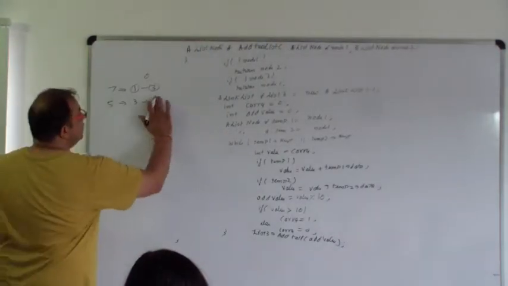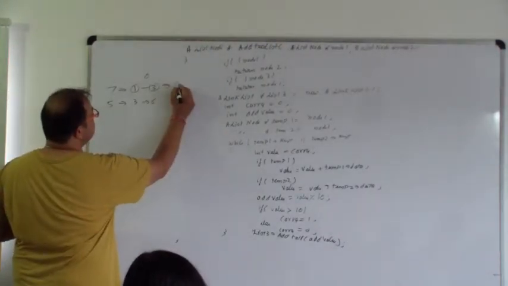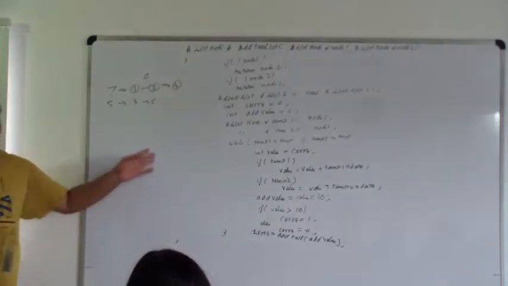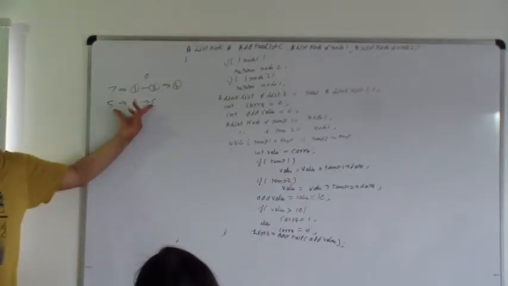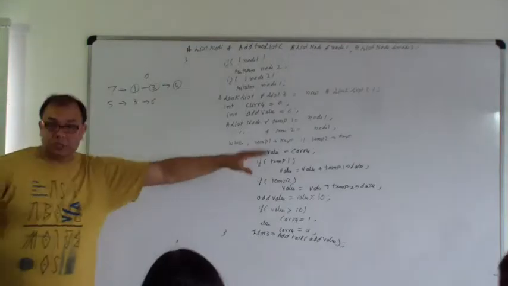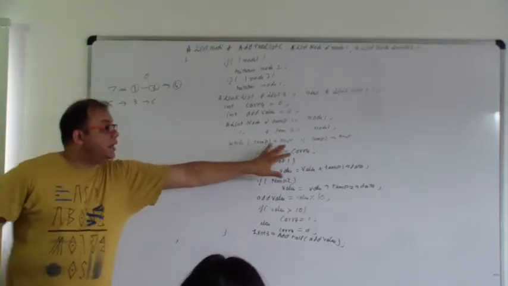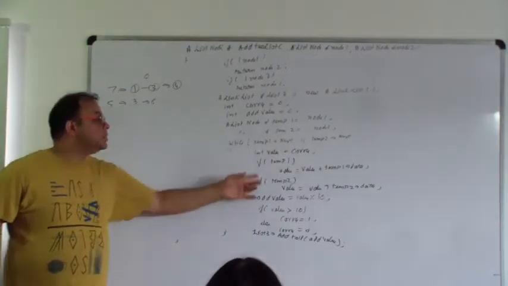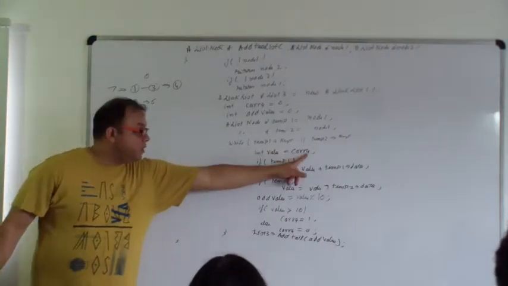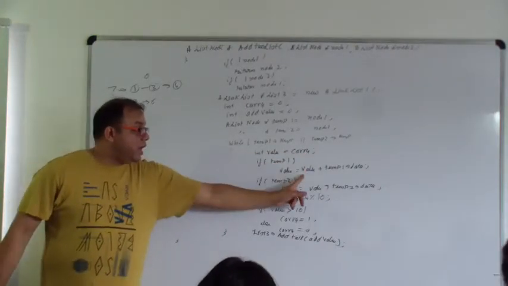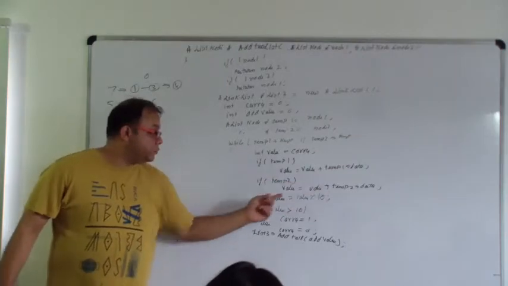So the condition where 7 1 3 4 is there, right? Let's say if this is null, we will still continue in this loop till temp 1 exists or temp 2 exists. We will get the value, we will add carry to it, we will add the temp 1 data, we will add temp 2 data.